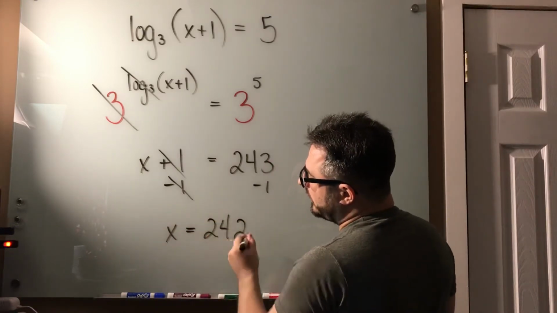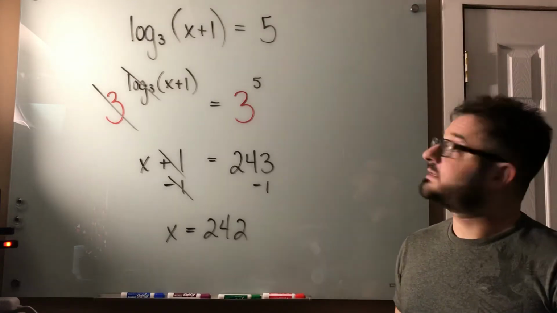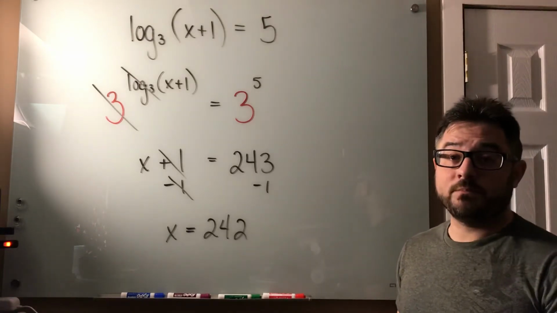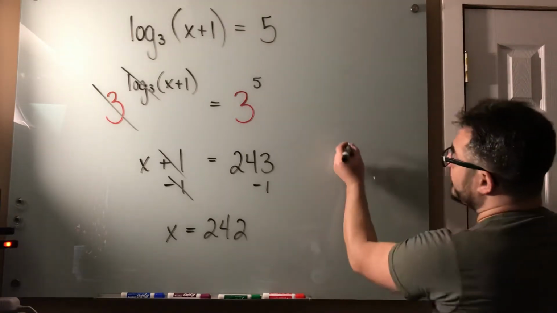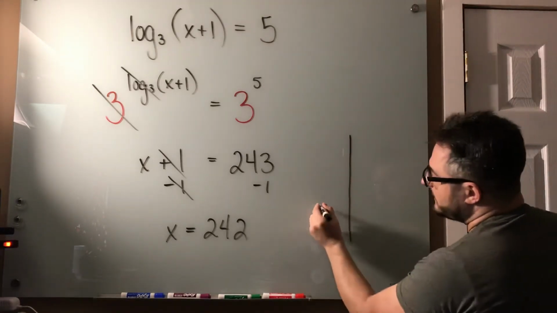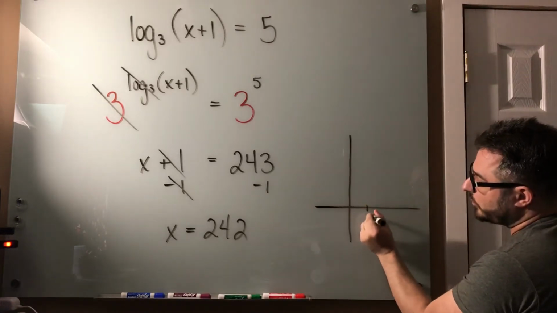Now, you will often have fairly large values for the solution to a logarithmic equation. Remember, logarithmic functions grow very slowly. They all pass through 1, 0.